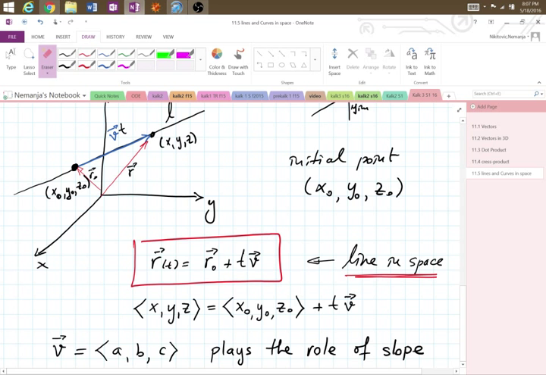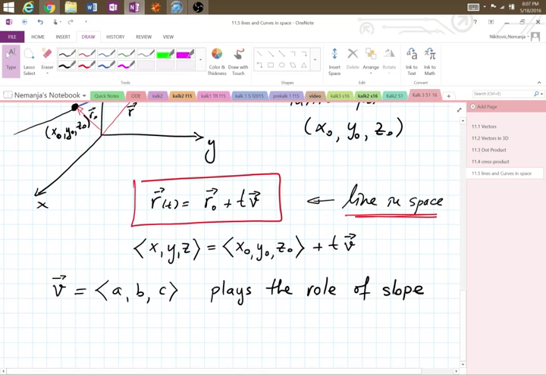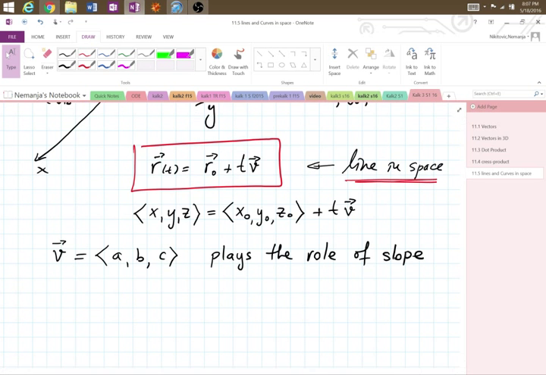Now, I am showing you the representation of what R is, what R0 is, and what V is in terms of X, Y, Z, X0, Y0, Z0, and then A, B, C. That means that you can break this one into three equations.